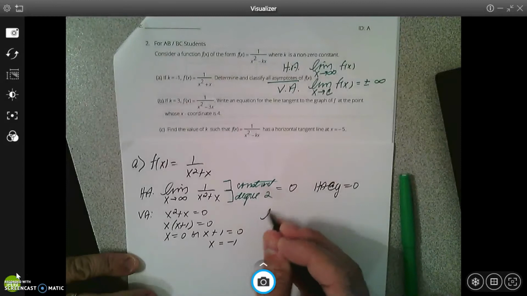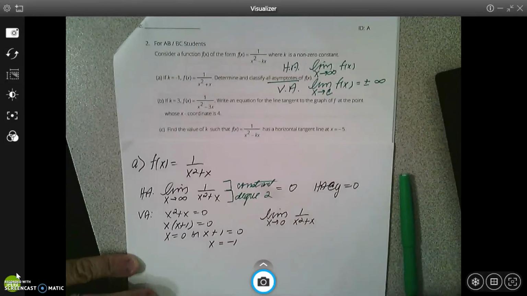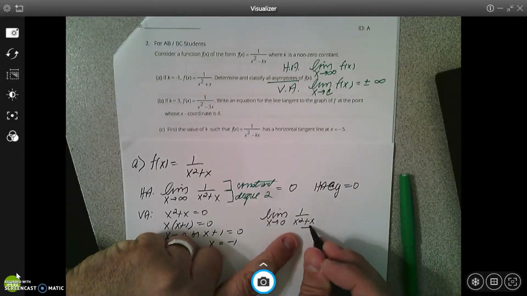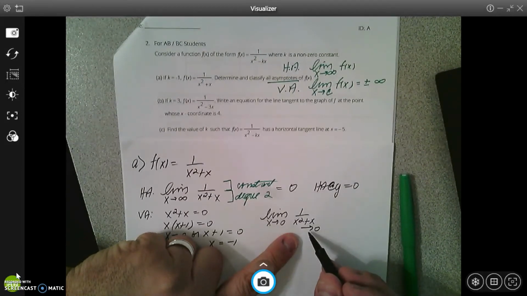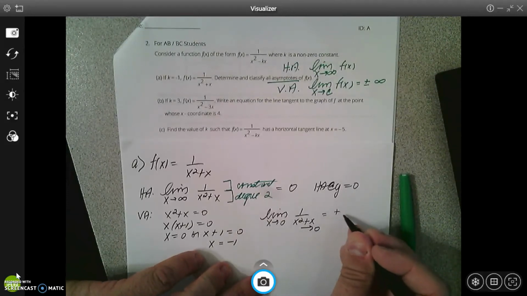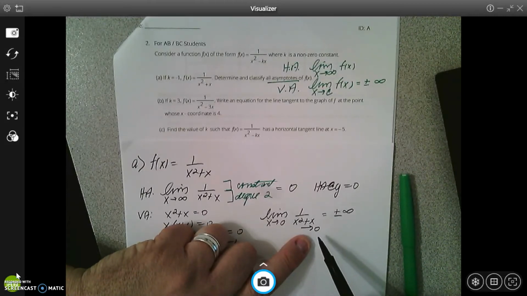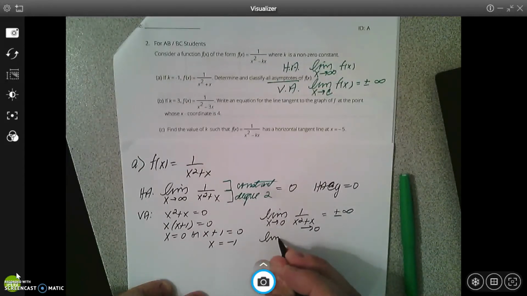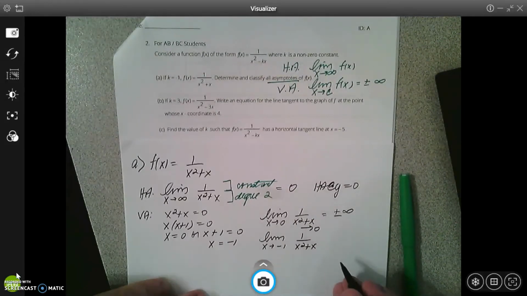If we were to take the limit as x approaches 0 of 1 over x squared plus x, the denominator is approaching 0, the numerator remains 1. 1 divided by something that is getting closer to 0 is going to approach either positive infinity or negative infinity, depending on which side of 0 you're approaching. Similarly, we can find the limit as x approaches -1 of 1 over x squared plus x.